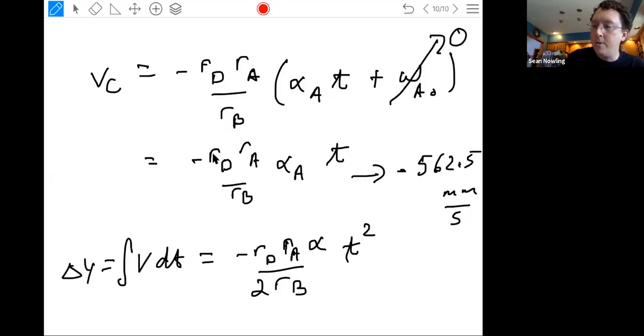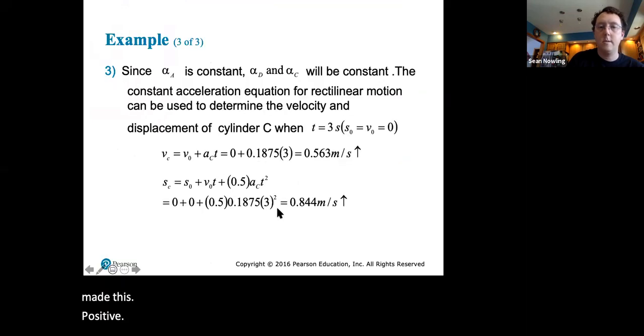Apologize. Alpha A should have been negative, so I should have put that in red. So the two minus signs should have made this positive. And that's exactly what they have.